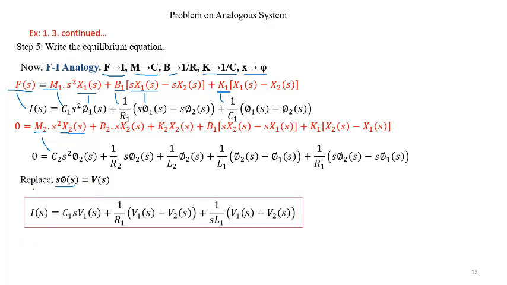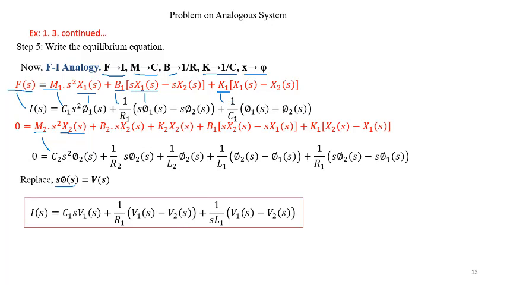So I of s, so c1 s square phi of s is replaced by s into v1 of s, and 1 by r1 will be 1 by r1, s into phi of s, v of s, minus s into phi 2 of s is v2 of s.